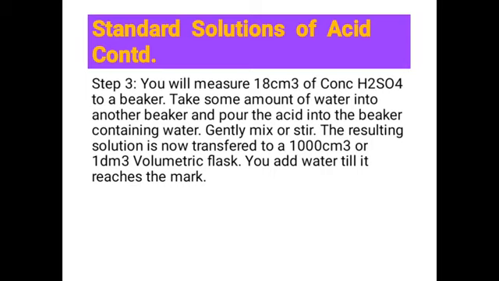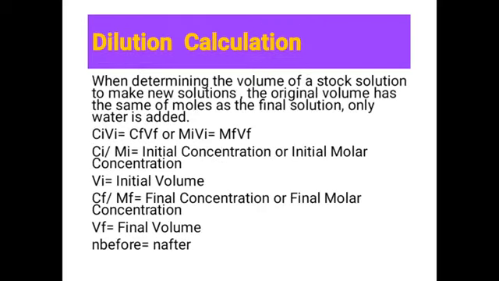Then you can gently stir or mix. Then the resulting solution, you can transfer it to a 1000 centimeter cube volumetric flask. Then you continue to add water till it reaches the mark. If you have done that, you have successfully prepared that standard solution. So if you see questions like that, that's how to prepare it.